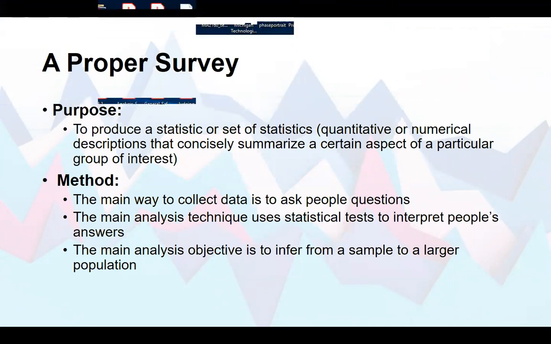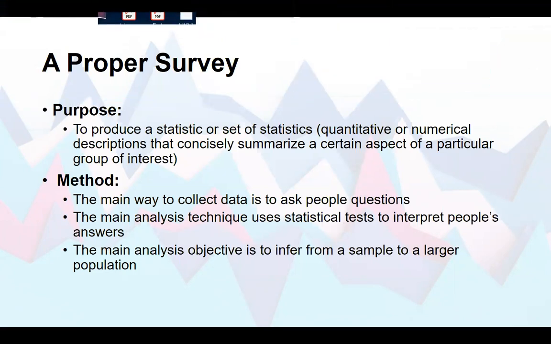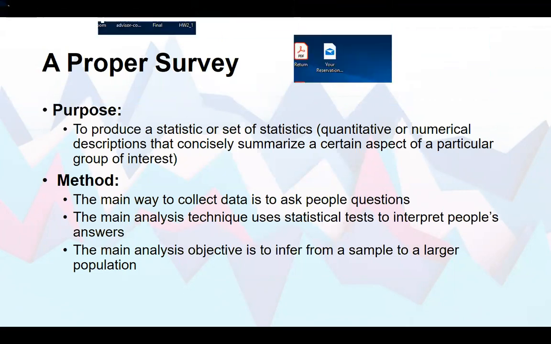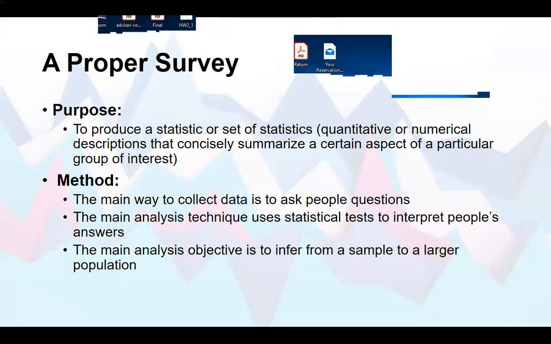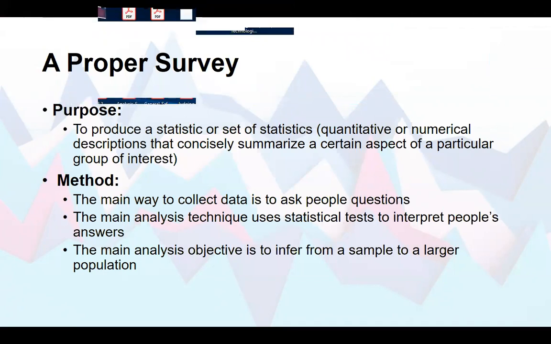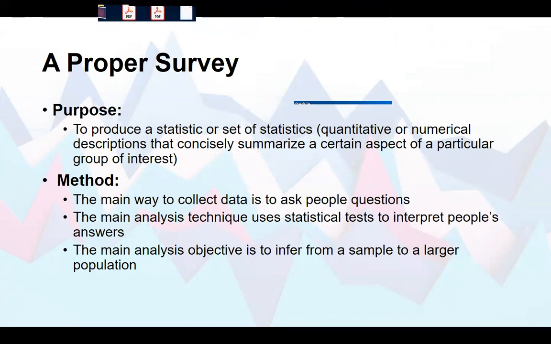So for me, three things are critical in terms of the method. The main data collection approach is to ask people questions. They can respond in any way that's appropriate for the way in which you phrase the question, but ultimately you're going to take their response and turn it into a number somehow. You can get responses that are entirely qualitative in asking people questions.